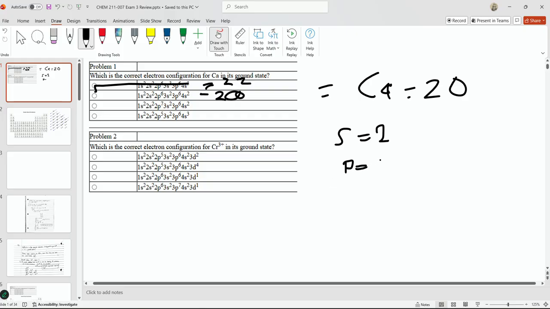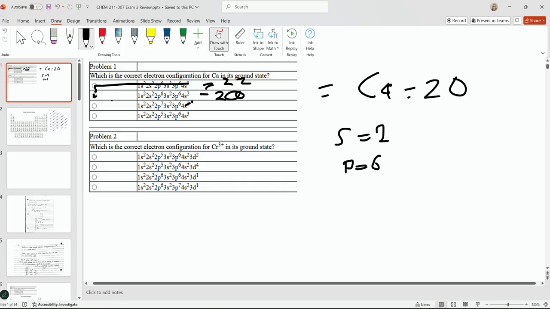So even if the electrons are numbered correctly, we can immediately say this is a wrong answer because p can't hold 7. So we can just tell the answer is B.